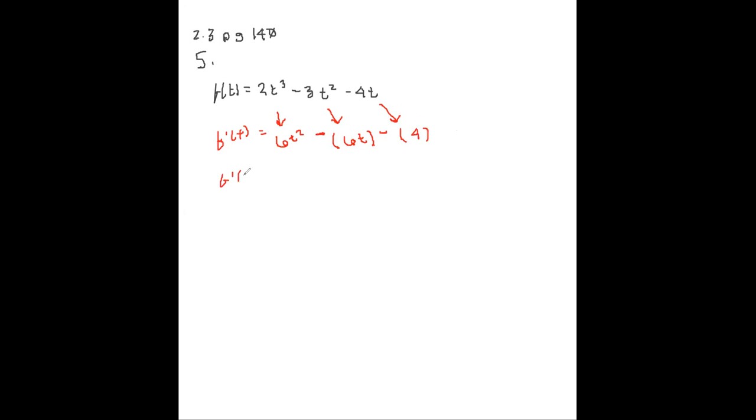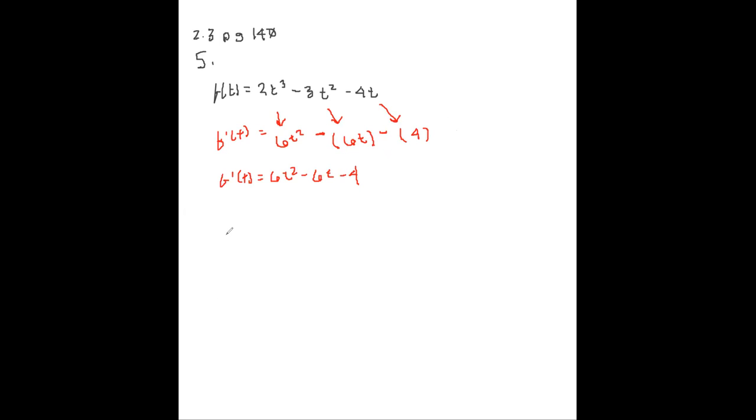So f prime of t is equal to 6t squared minus 6t minus 4. For the purposes of this class, this is a good answer. You don't need to simplify it anymore. This is a good and productive answer.